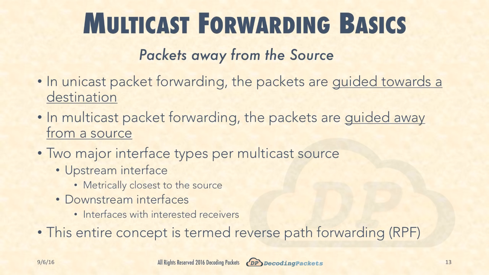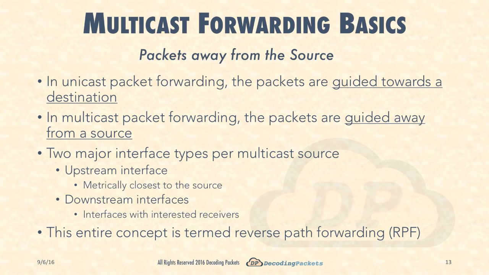So that would be the interface where you would put a packet with that destination on to take it further towards that destination. In multicast, you need more than one type of interface. So the routing table really has to keep track of multiple types of interfaces.